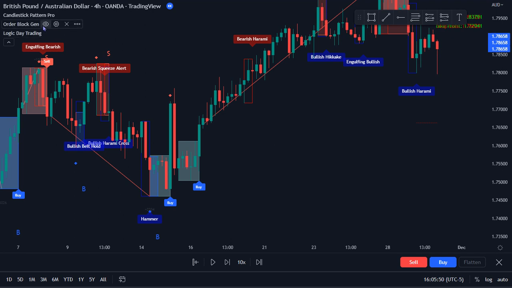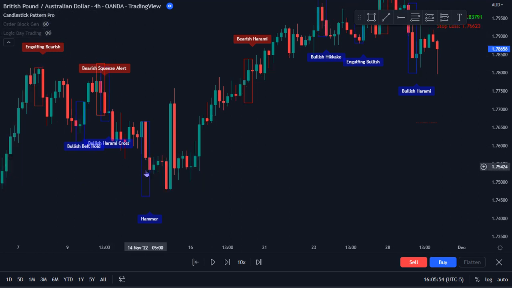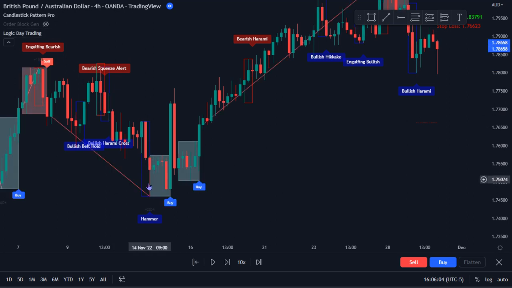Let me actually turn off the Order Block Gen to first show this bullish hammer pattern with these 3 candles here. This last one, as you can see, is also part of the bullish buy zone for the Logic Day Trading indicator.